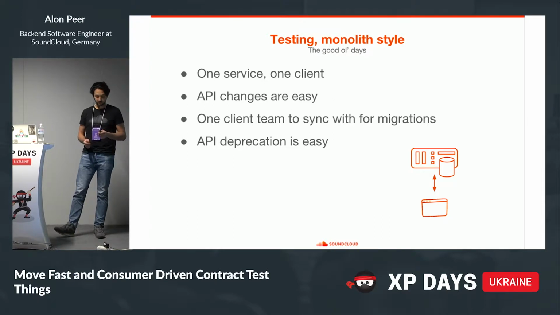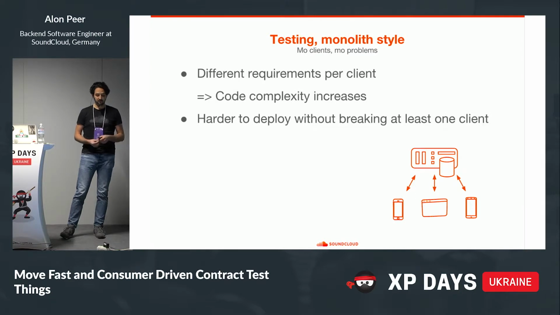We had just one web client. But then we had to extend that and support more clients. So suddenly we had iOS and Android clients, and we had versioning, and there wasn't any guarantee that all our iOS users would adopt the newest version. So we had to have backward support. And so suddenly the backend code became much more complex.